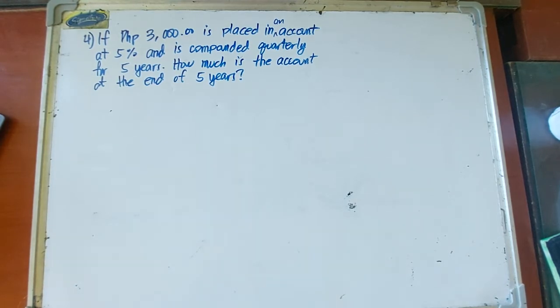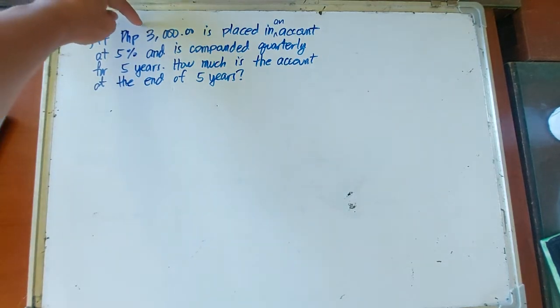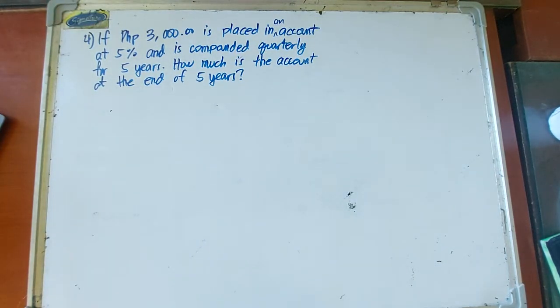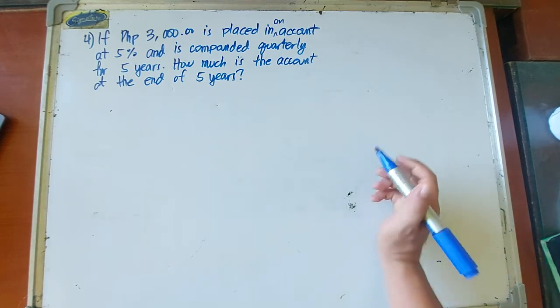So we are solving for the future worth of this 3,000 peso principal, at 5% interest compounded quarterly at the end of 5 years.